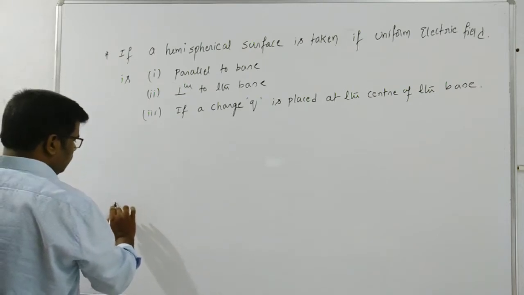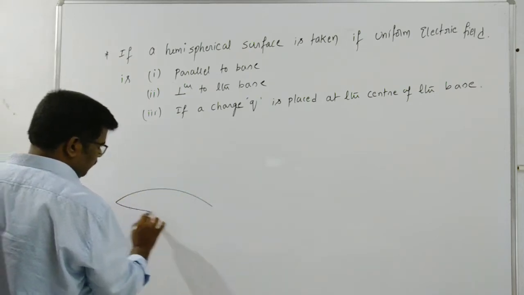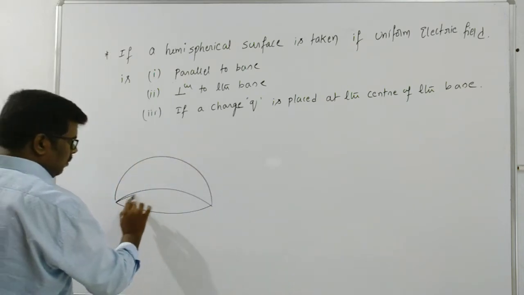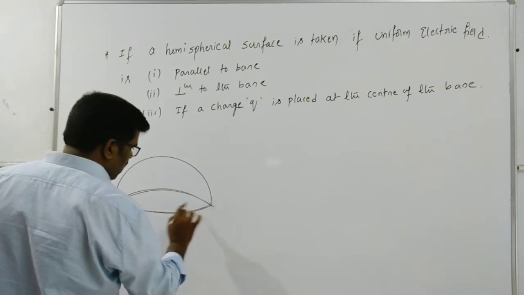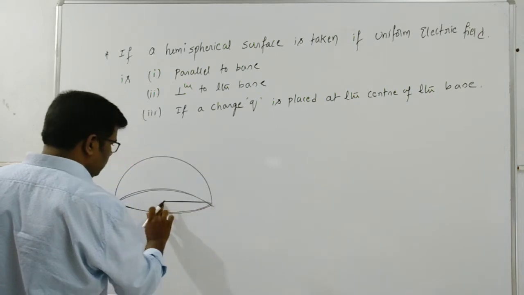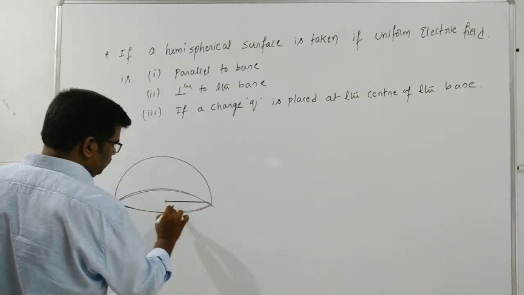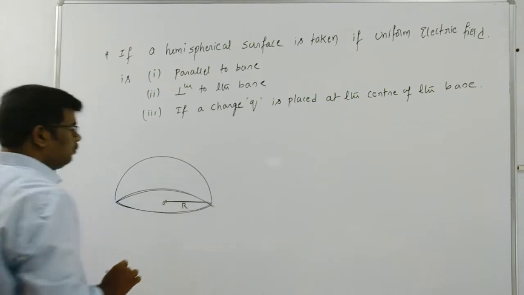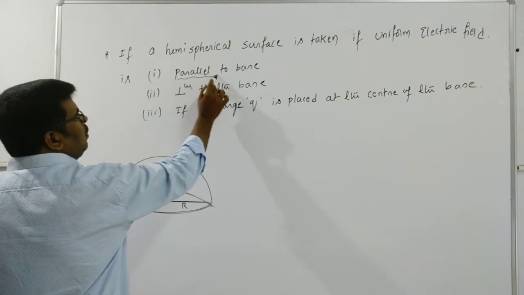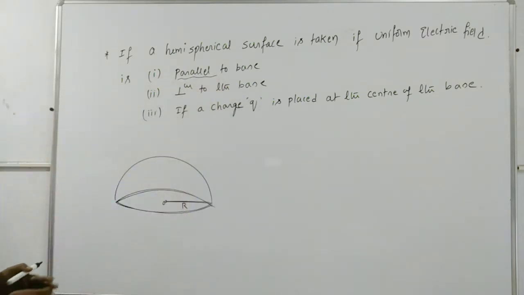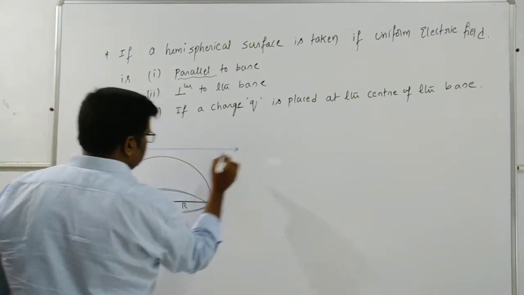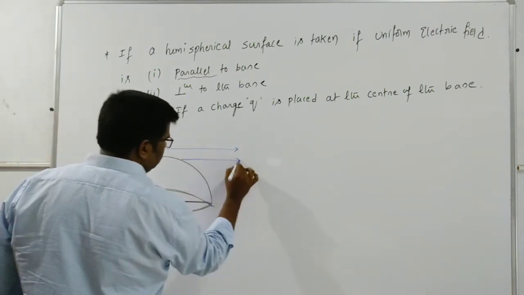So we have a hemispherical surface like this. This is the hemispherical surface, and this is the base, whose radius is r. Let us suppose this is the center of the base. What is the first case? The uniform electric field is parallel to the base. In the sense, the electric field intensity is parallel to the base like this.